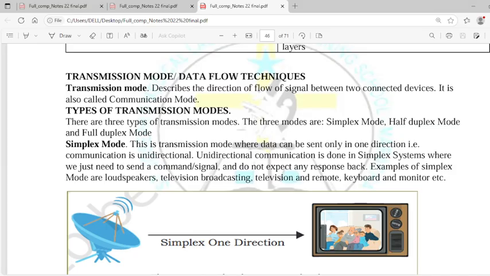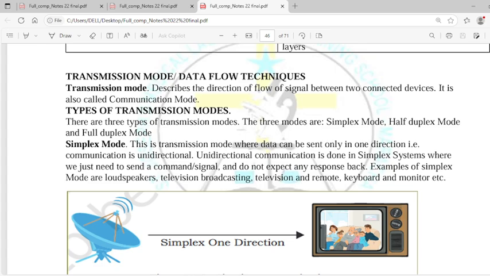What direction does it take for a signal to move from maybe device A to another? Does it move that way, or does it also come back? Can it move in both directions? That is transmission mode. It is also known as a communication mode.